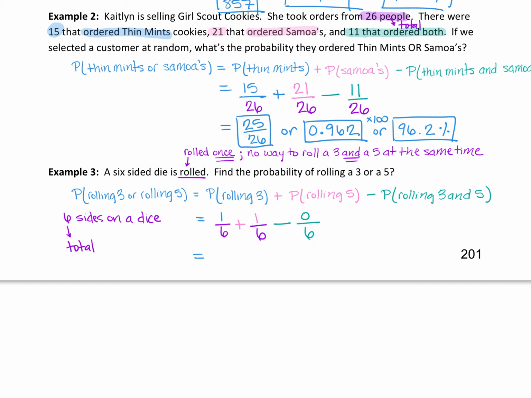Adding those together gives us 2/6, which is 1/3, and 1/3 as a decimal is 0.333, or if we multiply that by 100, we get 33.3%.